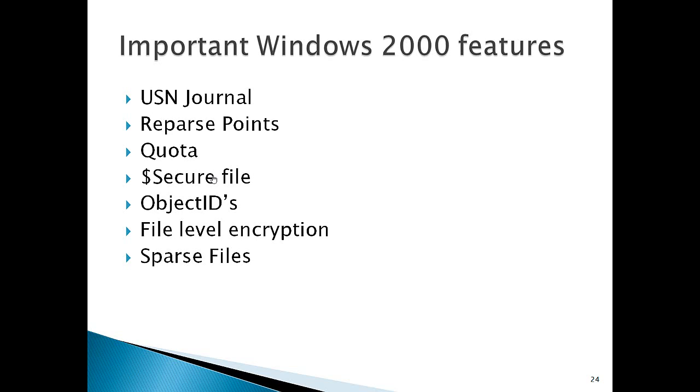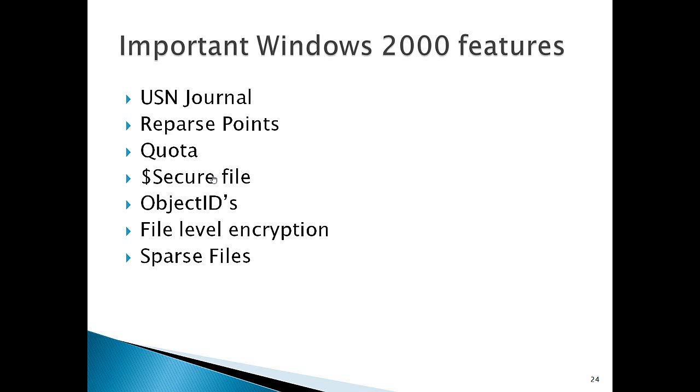The quota system allows different users to have different quotas for resources on the disk. The secure file meta file is more metadata, as we've talked about before, and this allows a whole lot more security. Object IDs allow a better identification of different resource objects.